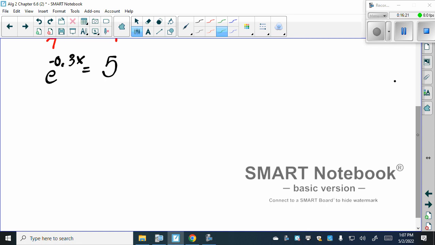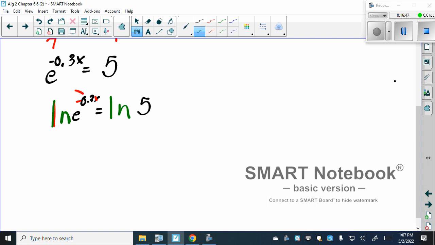Any questions on how we got to this point here? Now at this point, we do need to get rid of the e or simplify the e. So what we can do is apply ln to both sides, which would give us the natural log of e to the negative 0.3x is equal to ln of 5.